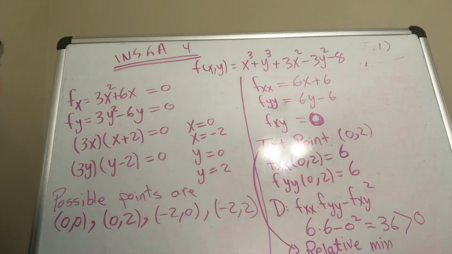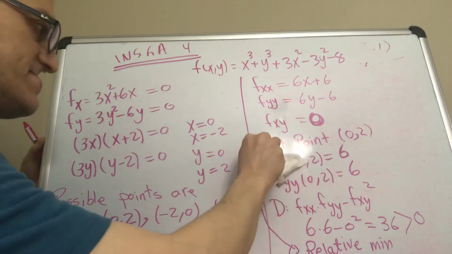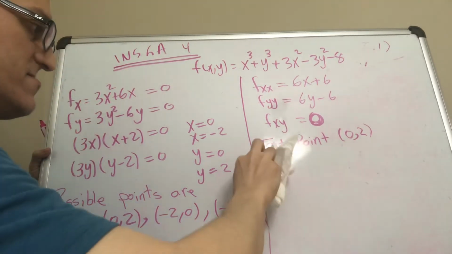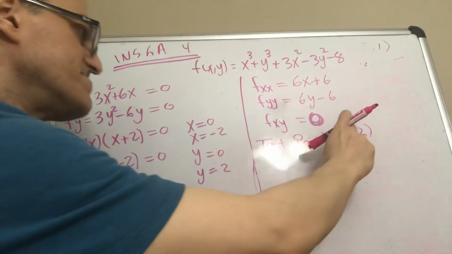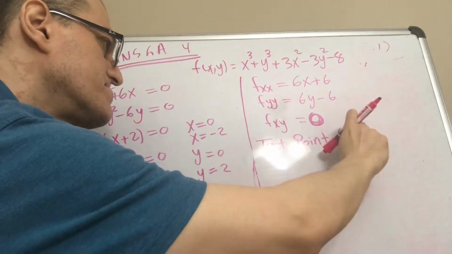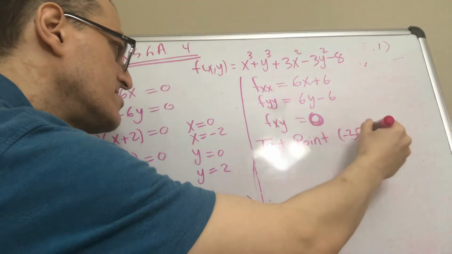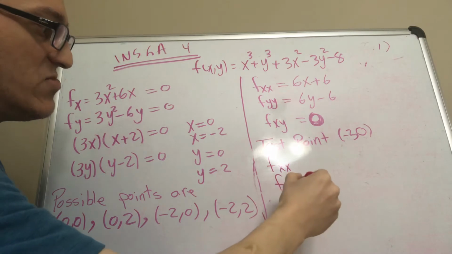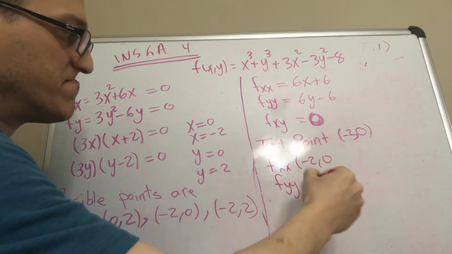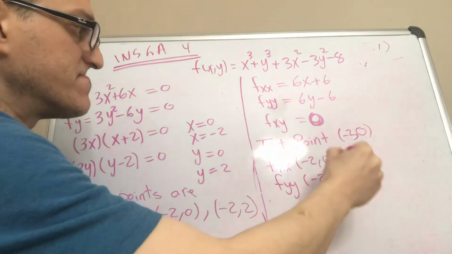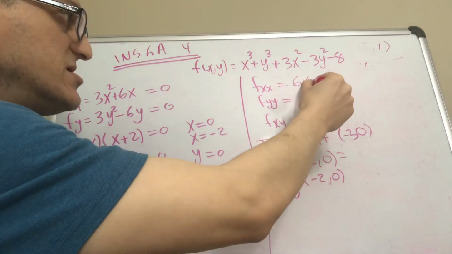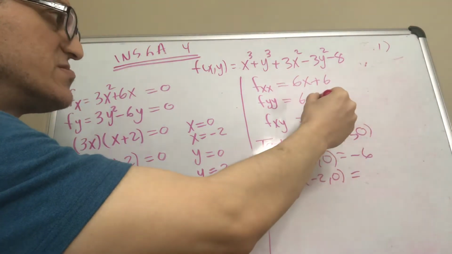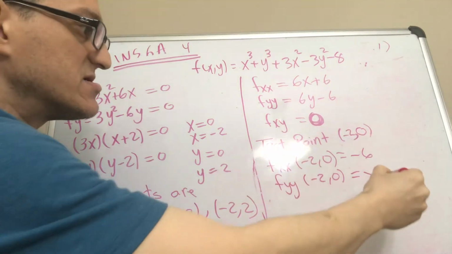Let's try negative 2 and 0. So again, we do fxx, fyy at (minus 2, 0). Minus 2 here will give you negative 12 plus 6, negative 6. Negative 2, 0, and y will give you 6.